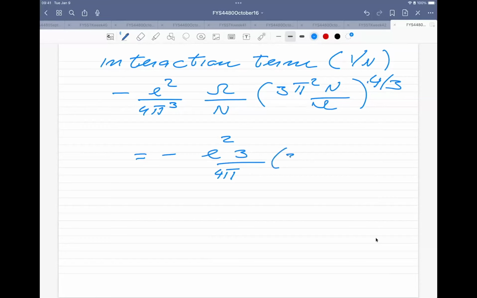And then I have a 3 pi squared to the power of 1/3, and then I have the density to the power of 1/3. Because the term which you have here is just 1 over density. And then you have density here to the power of 4/3, so that gives you density to the power of 1/3. And this lays the foundation for density functional theory.